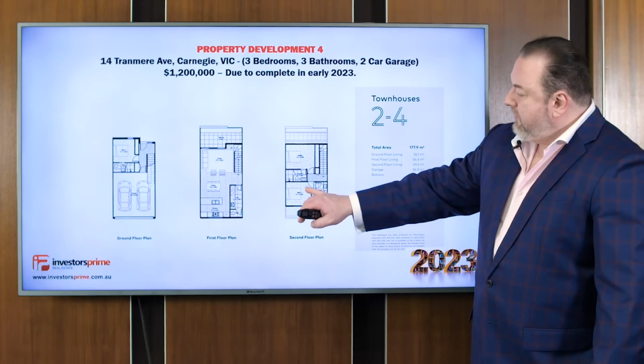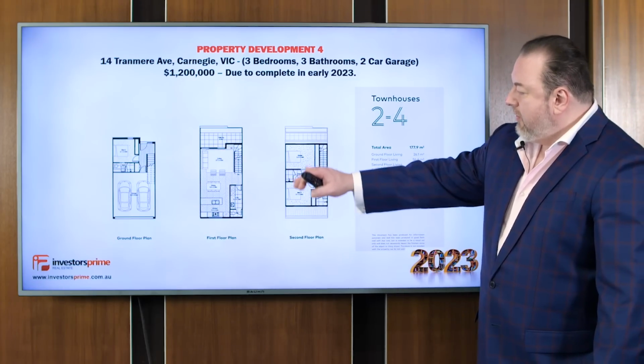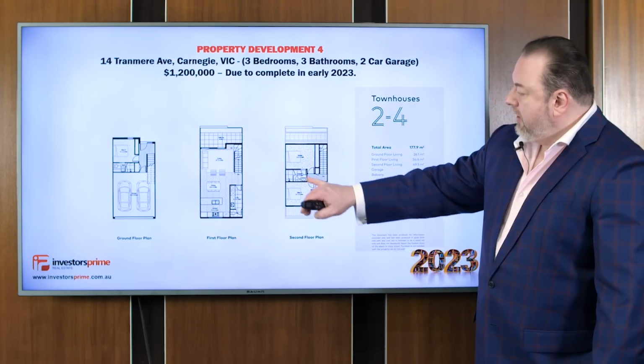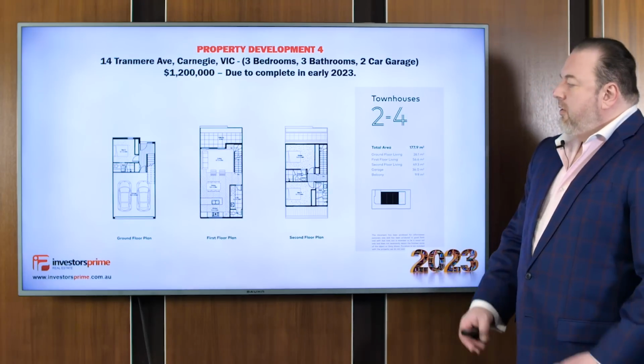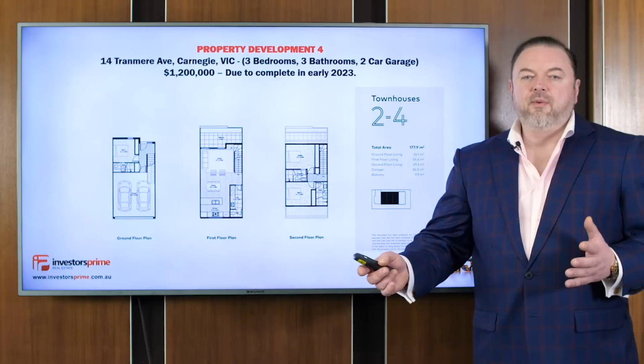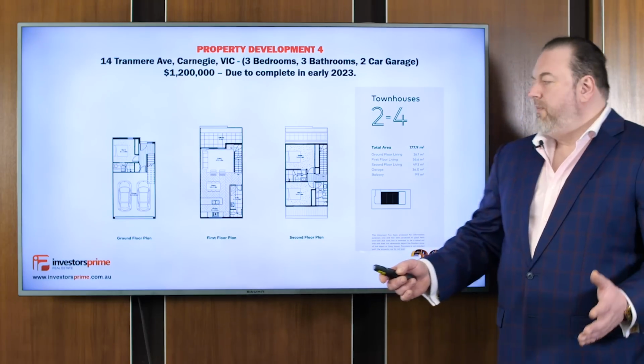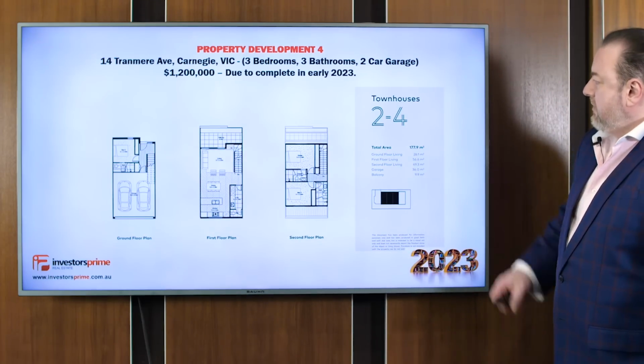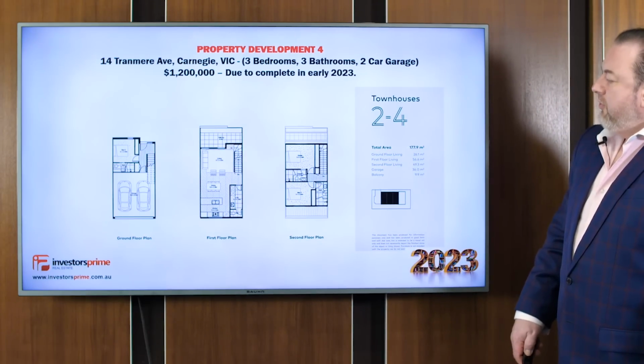You could potentially have the master bedroom here, either or, and plus you have 2 ensuites. So here we have a typical 3-bedroom double lock-up garage townhouse, which is like your bread and butter for every suburb. It's the most leasable kind of property out there. 177 square meters. We're talking 1.2 million.